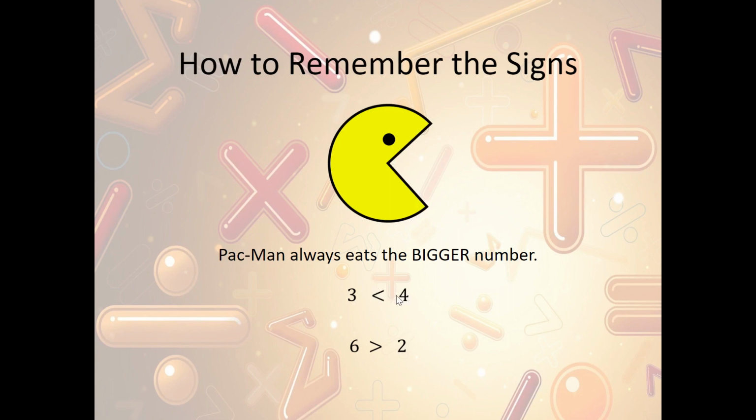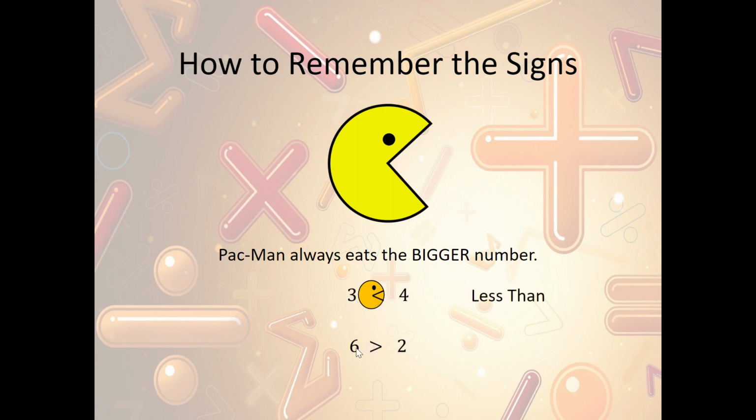Well, Pac-Man eats the bigger number, so if I draw Pac-Man on there, I can see that his mouth is eating this side here, which means this is the bigger number. So this number is greater. Well, we always read it from left to right though, so that means if this number is greater, this number's got to be smaller. So we would say 3 is less than 4.